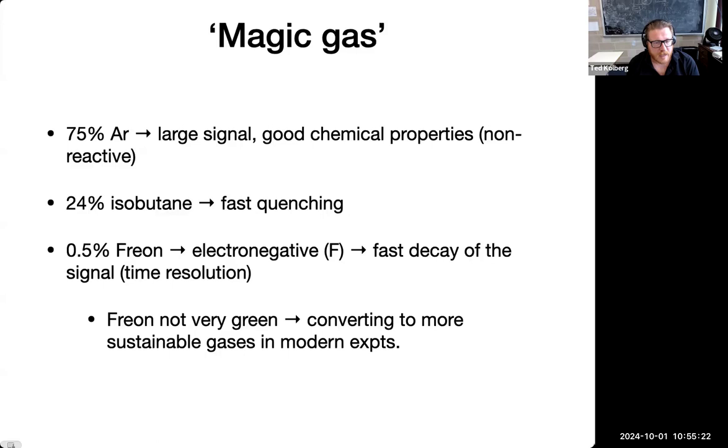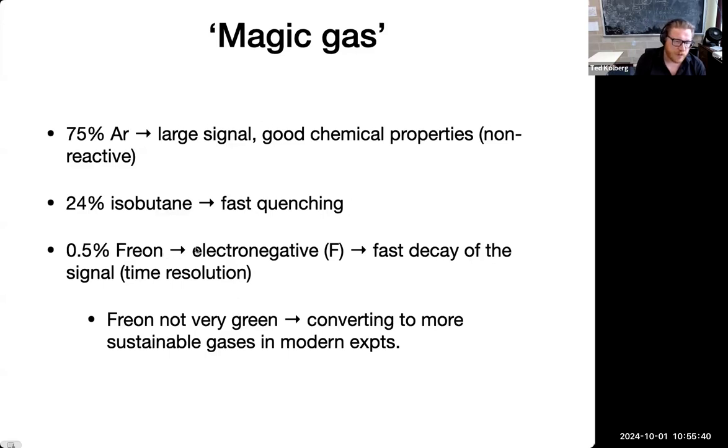24% isobutane. This has a high resorption of the electrons which are produced, and in this mixture it quenches the signals and prevents them from spreading out too much in space and time.